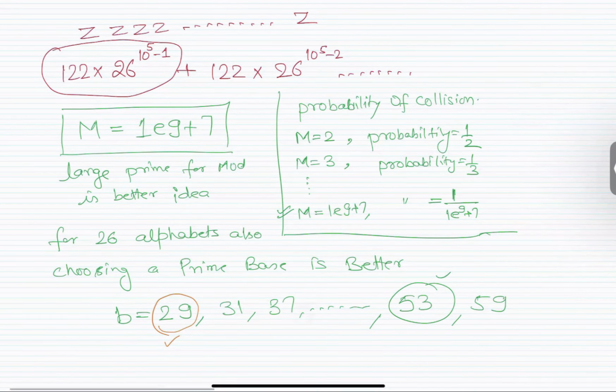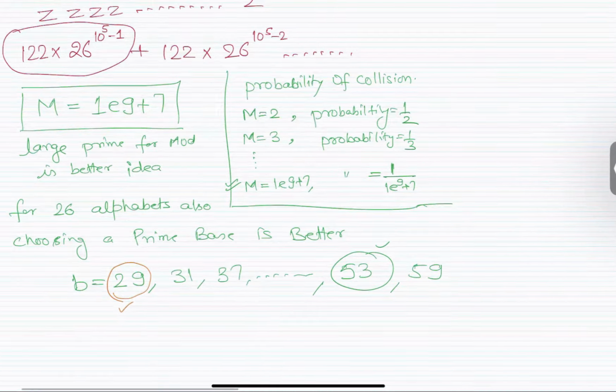Anything greater than 53 is better. And imagine if we are supporting every character, not only lowercase and uppercase, then which prime would be better to choose? Total, how many unique characters are there? 52 are alphabets. If you add digits to them, and hash, at the rate, dollar, I'm asking overall how many characters are there?